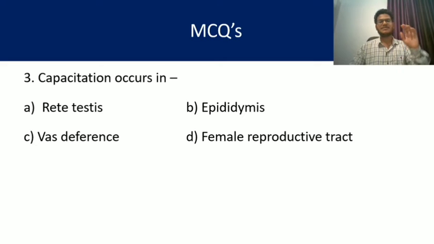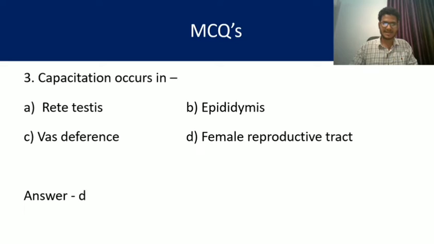So my dear friend, actually what happens when the sperm is delivered into the vaginal canal of the female, it travels through the cervix and uterus to reach the fallopian tube where it fertilizes the ovum. So on its way in the female reproductive tract, it becomes able to fertilize the ovum. So capacitation occurs in the female reproductive tract. That means D is the right answer.